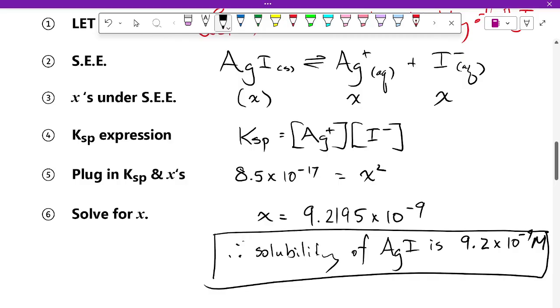Did we get 9.2 times 10 to the minus 9? Yes. Oh, wait, Miss Brett, I didn't get the 9.2.